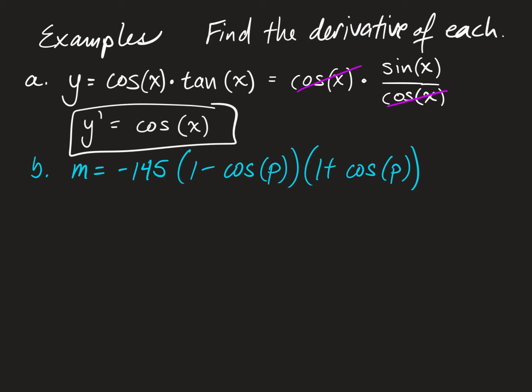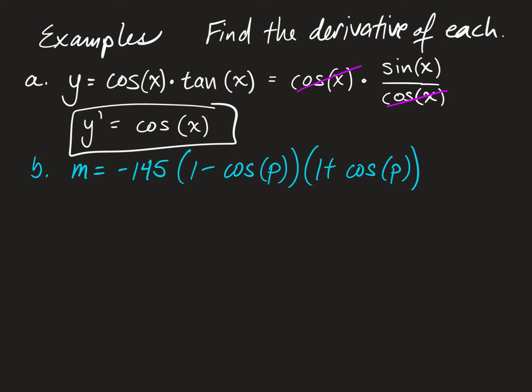All right, the next example, we have a different function. M is in terms of p. So here we go. We have m equals -145 times the quantity 1 minus cosine of p, close it, times the quantity 1 plus cosine of p, close it. And again, you can use the product rule if you want, and then you can simplify it.